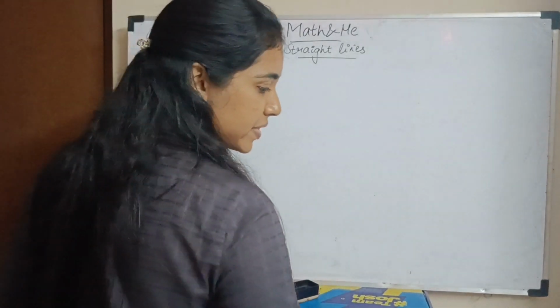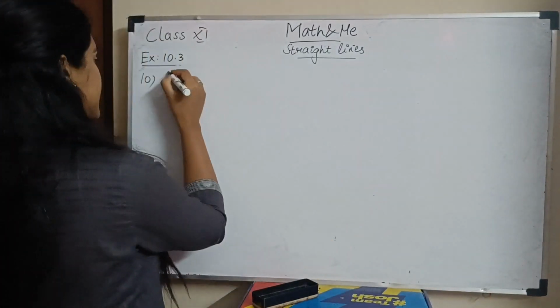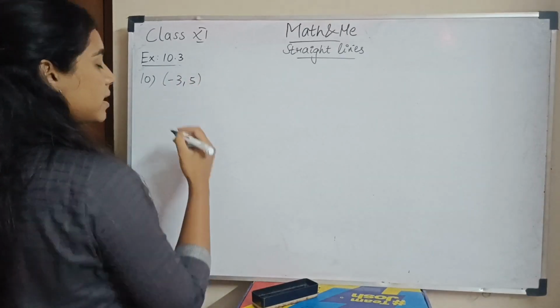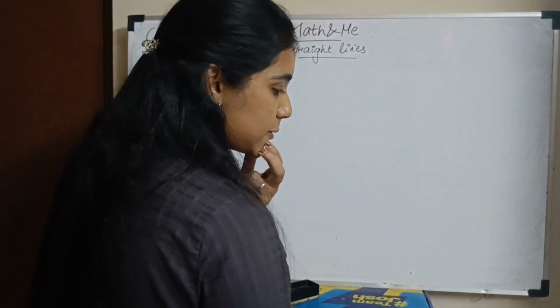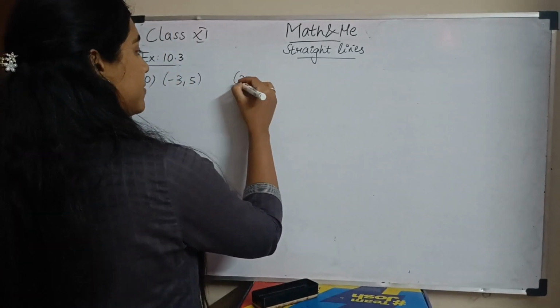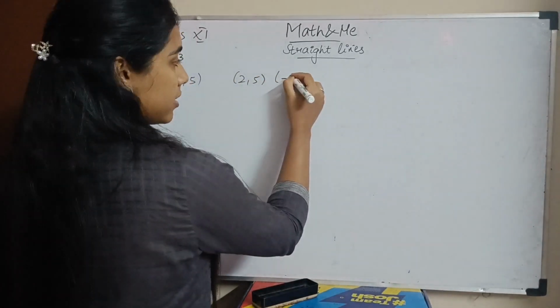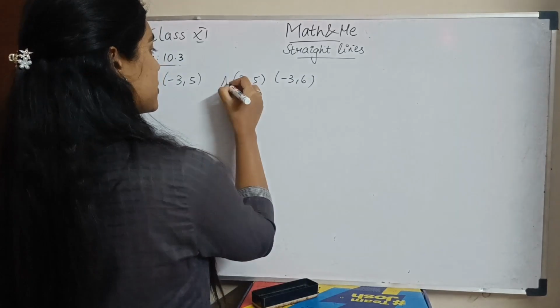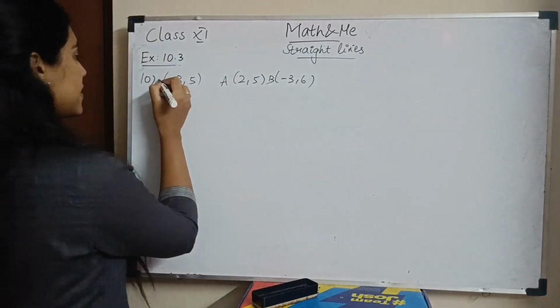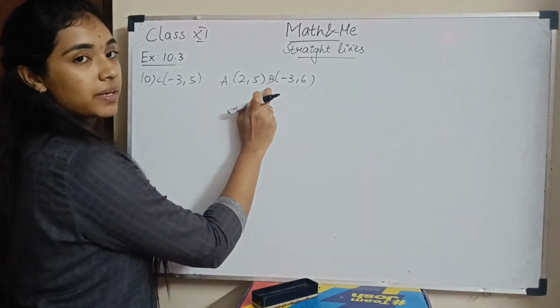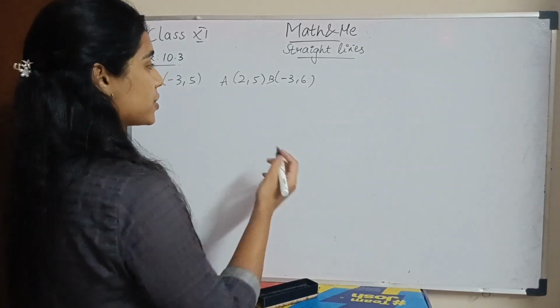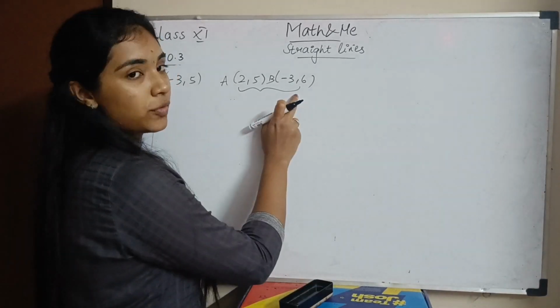Question number 10. Find the equation of the line passing through the point minus 3, 5 and perpendicular to the line passing through the points 2, 5 and minus 3, 6. So this is your A, B. This particular line passes through this point and is perpendicular to this line. So how do you solve this question? You have two coordinates.